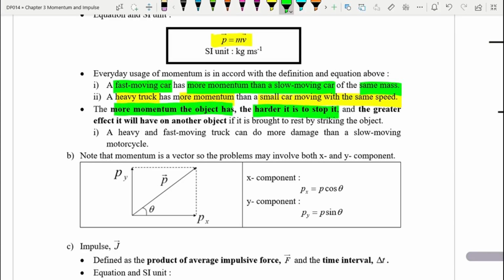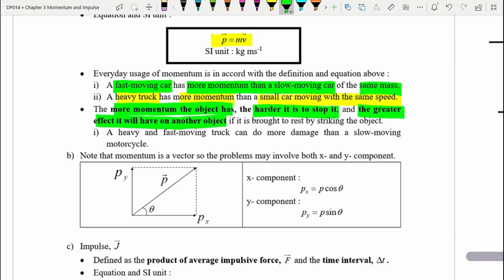So that's why kita boleh conclude yang the greater effect it will have on another object if it is brought to rest by striking the object. So maksudnya car tadi, dia punya mass is lighter compared to the truck, dia akan have more impact compared to the truck. Dan truck tu lagi susah untuk stop because it has greater mass compared to the car.